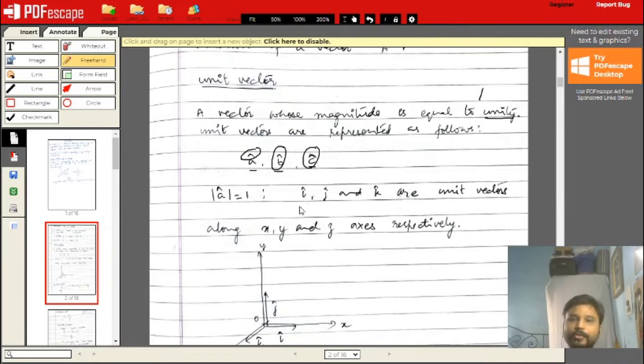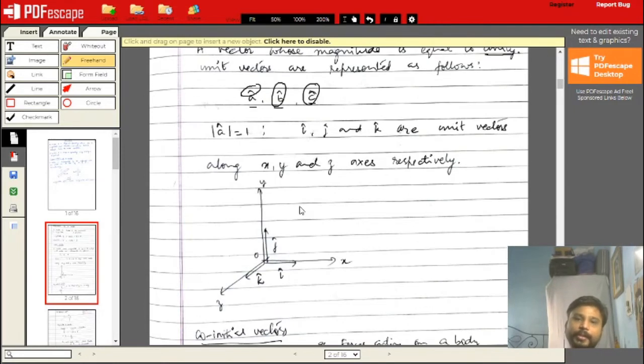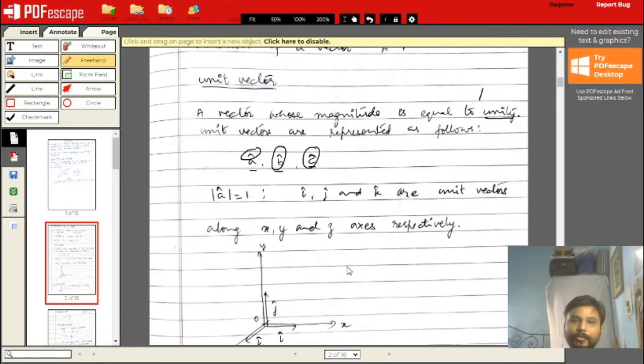So these are unit vectors which are predefined and they are along x, y, and z axis as shown here in the figure respectively. I cap is a unit vector along x axis, J cap is along y axis, and K cap is along z axis. So these are fixed unit vectors. A cap, B cap, C cap, these are some general unit vectors which can have any direction.